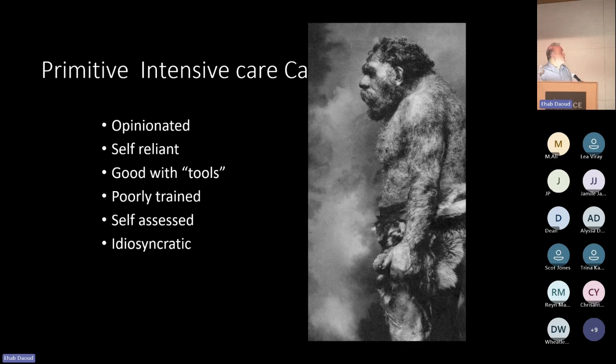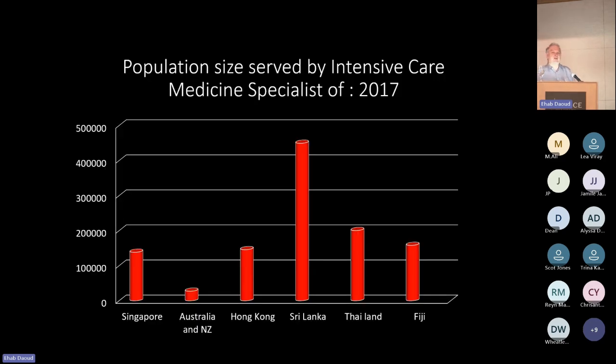The number of specialised intensive care specialists available to look after critically unwell patients varies hugely throughout the world. Now, this is data from Asia, which we collected some 10 years ago now. But you can see the small columns means there's lots of doctors per population. This is the number of patients that each intensive care specialist has to treat.